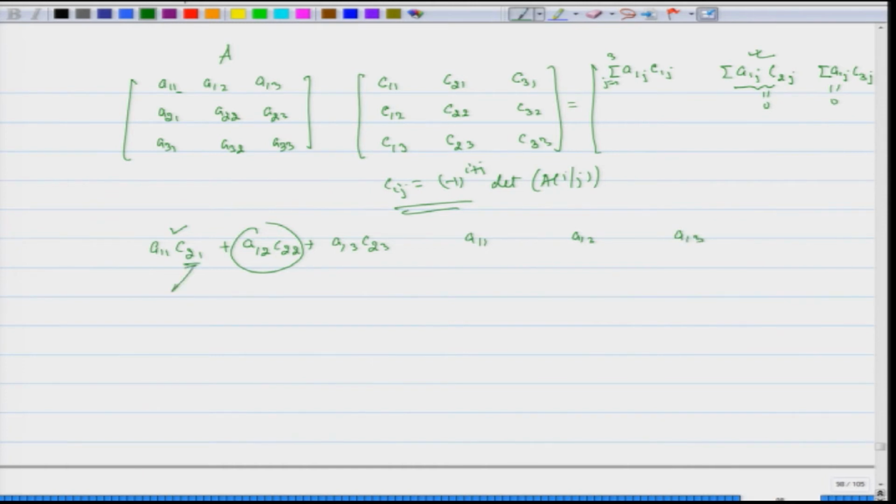Now, what is C21? C21 is nothing but minus 1 to the power 2 plus 1, times the determinant after removing the second row and the first column. So, I am looking at A12, A13, and then A32, A33.